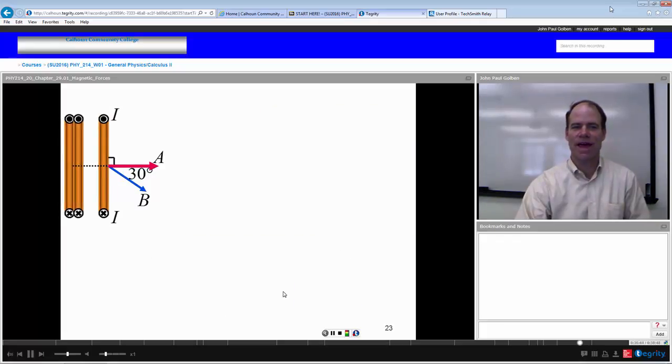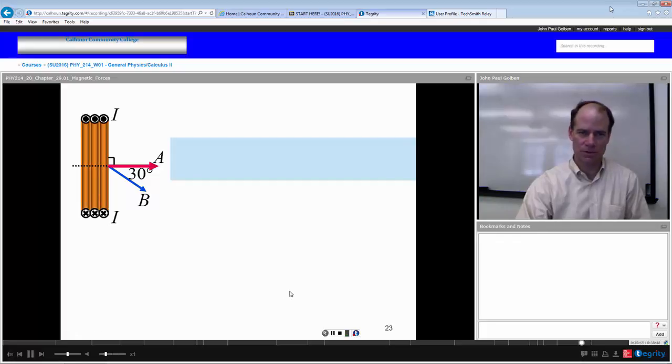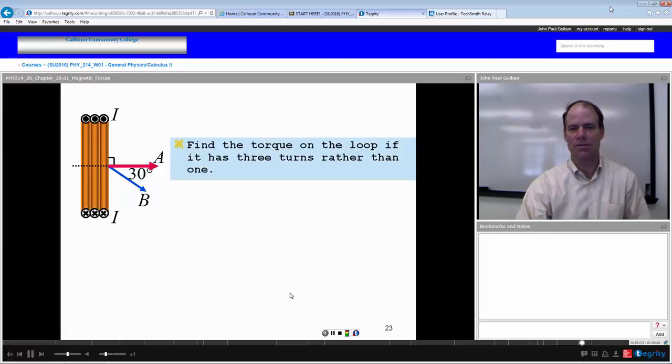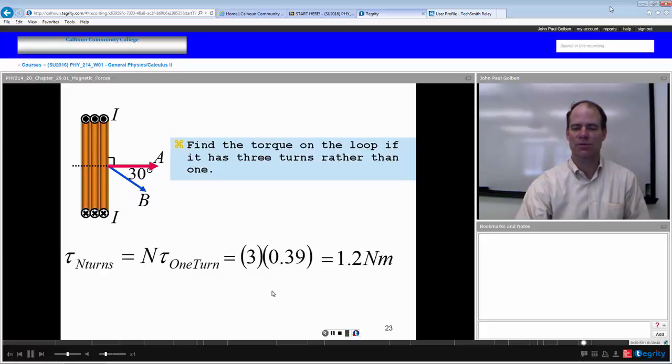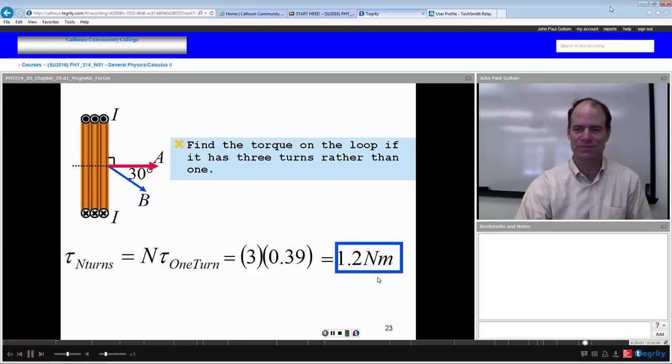If I were to add 2 more loops to this, I would simply increase the torque by 2 more. So my total torque would be 3 times the amount that I had for one turn: 3 times 0.39, about 1.2 Newton meters.